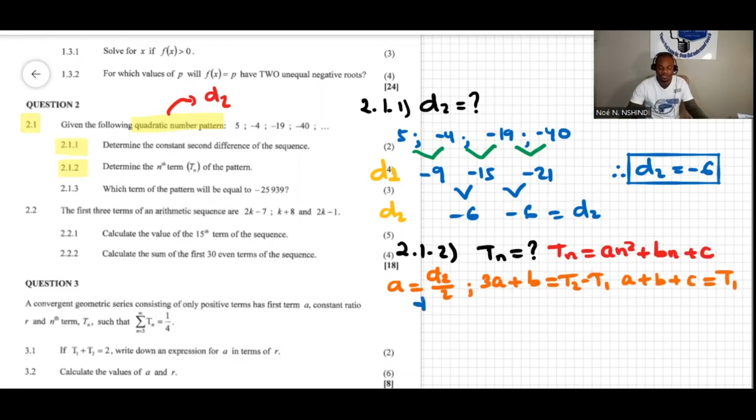If I use this formula, a is -6 over 2, and then we can find the value of a, which is -3.